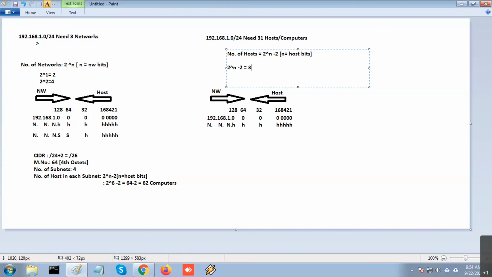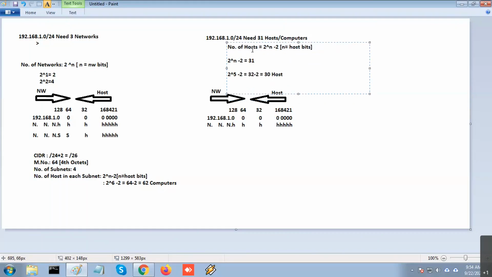Now, how many H bits if I borrow, I will get 31 hosts? If I borrow 5 H bits, for example, I'll get 32 minus 2, 30 hosts. Not enough. So I'm going to borrow 6.